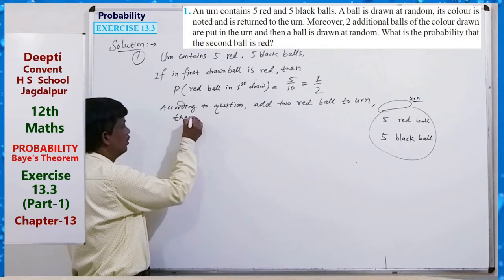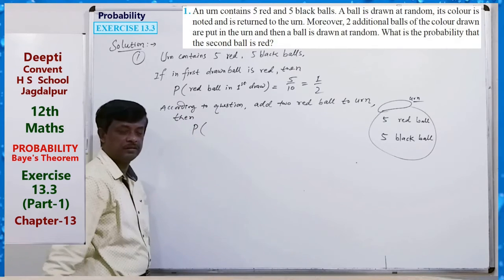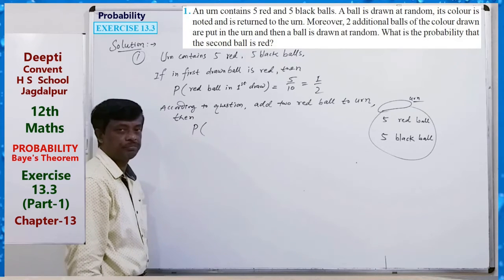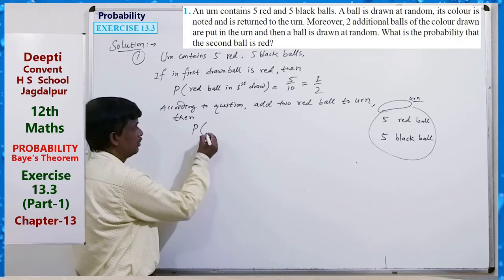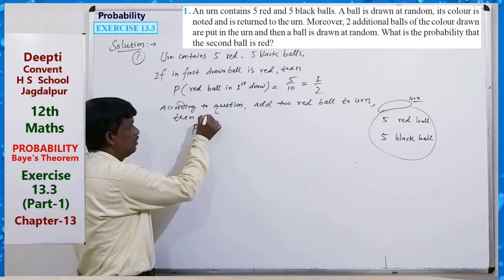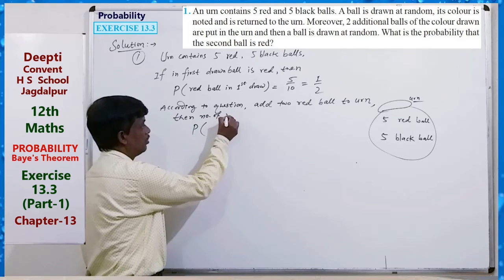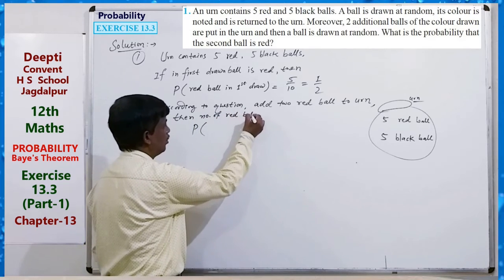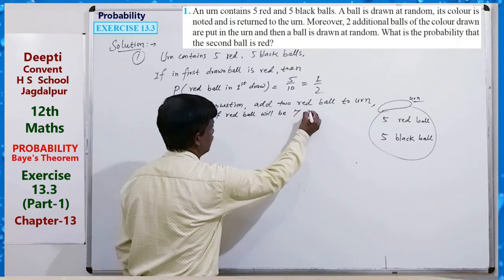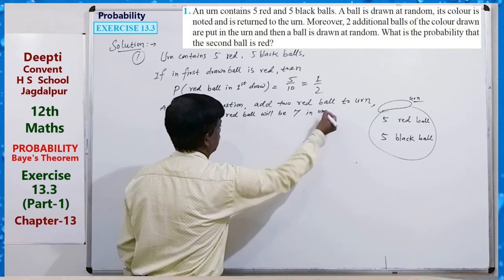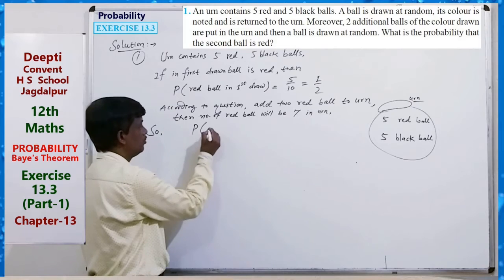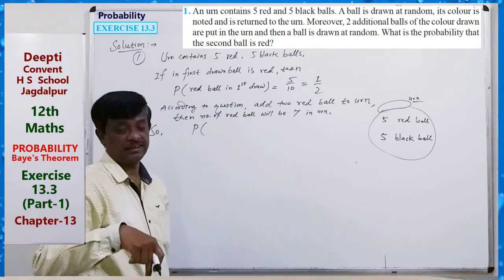Then the number of red balls will be 7 in the urn.